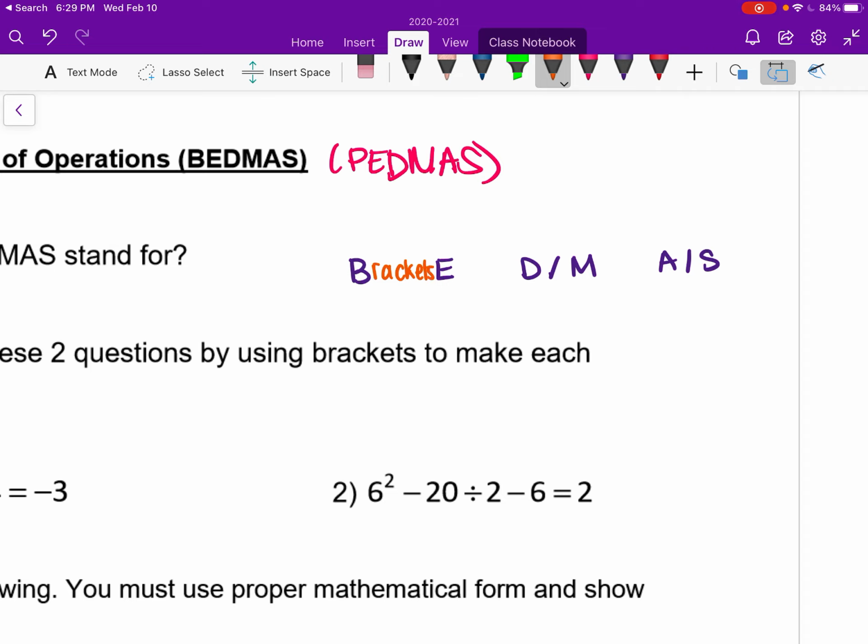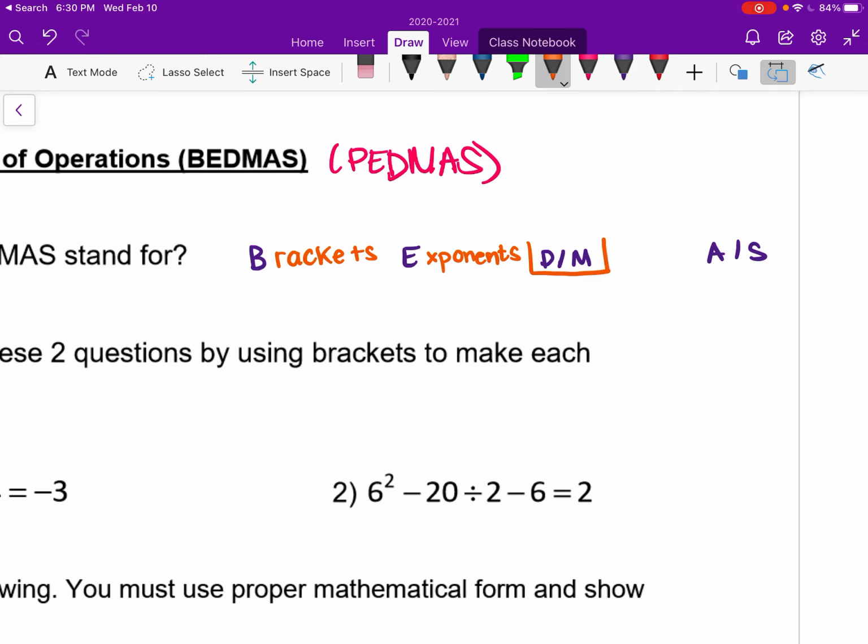Some people write that as parentheses. So you have brackets, then you have exponents.